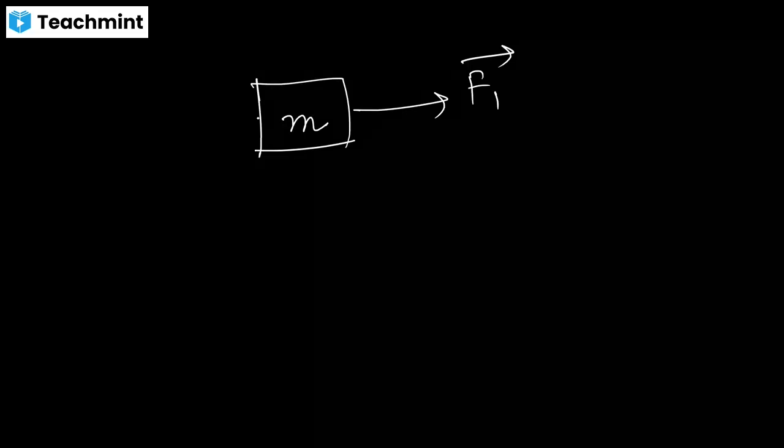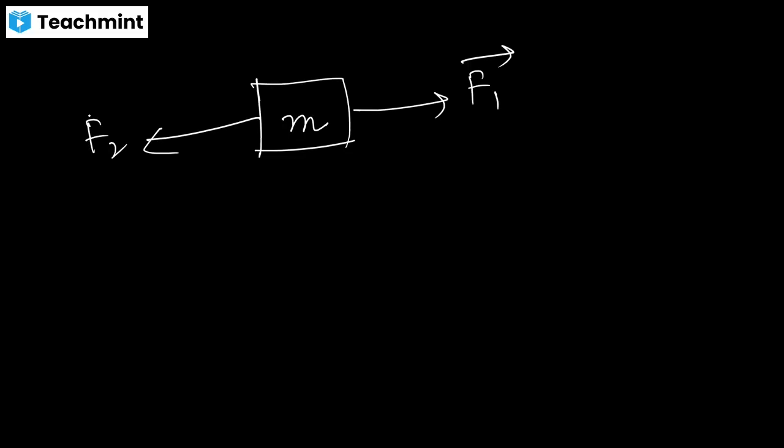According to Newton's first law of motion, consider an object having a mass of m. In this direction, you are applying a force of F1 vector. In the opposite direction, you are applying a force of F2 vector. In the downward direction, you are applying a force of F3 vector. In the upward direction, you are applying a force of F4 vector.